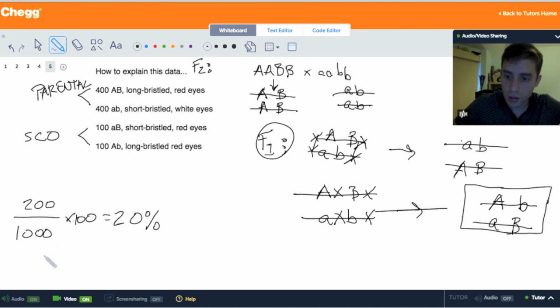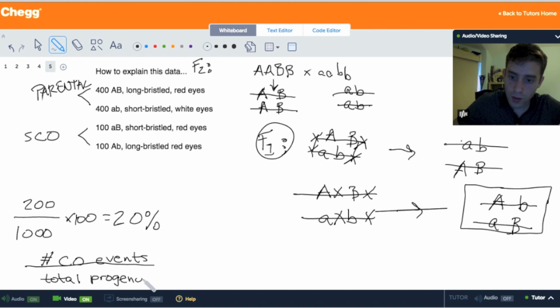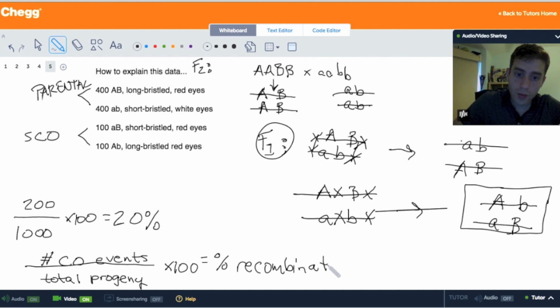So we can make this into an equation by saying the number of crossover events divided by total progeny times 100 equals percent recombination, or the recombination frequency. Now, the recombination frequency, like I said before, also gives us the relative distance between these genes.